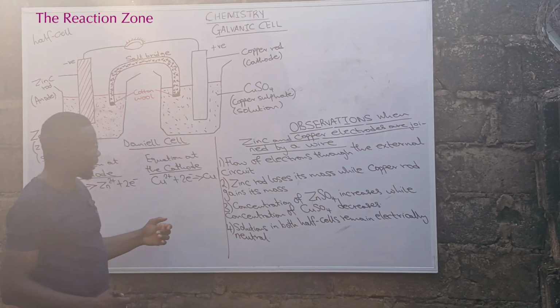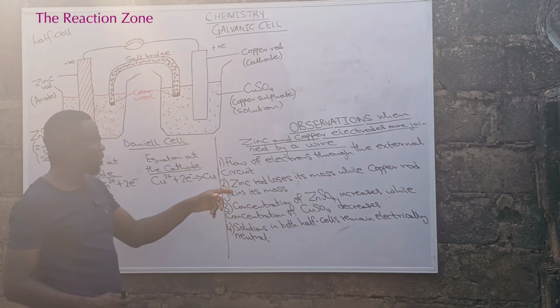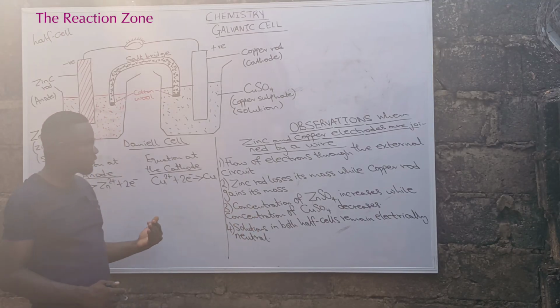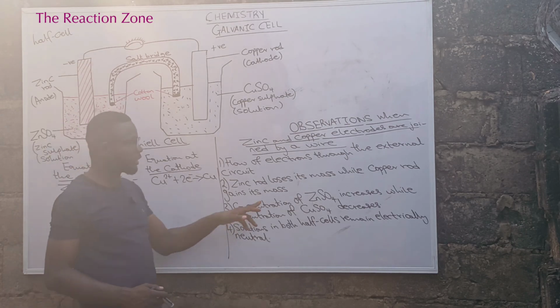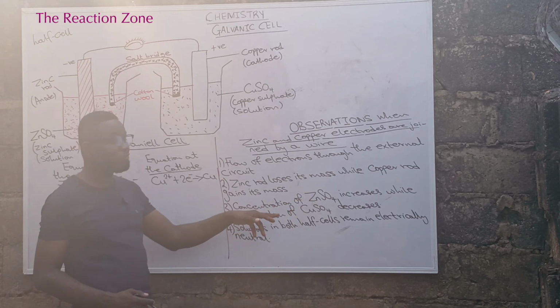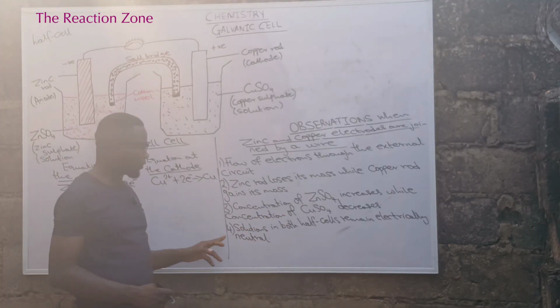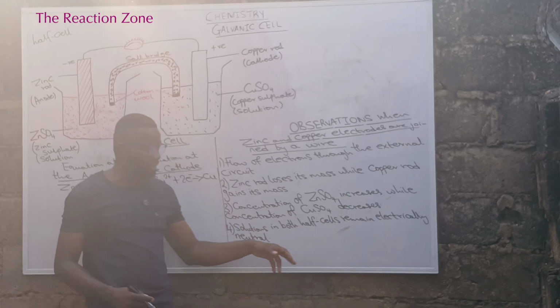Second observation is that the zinc rod loses its mass while the copper rod gains mass. The third observation is that the concentration of zinc sulfate increases while the concentration of copper sulfate decreases. The fourth is that the solutions in both half cells remain electrically neutral.